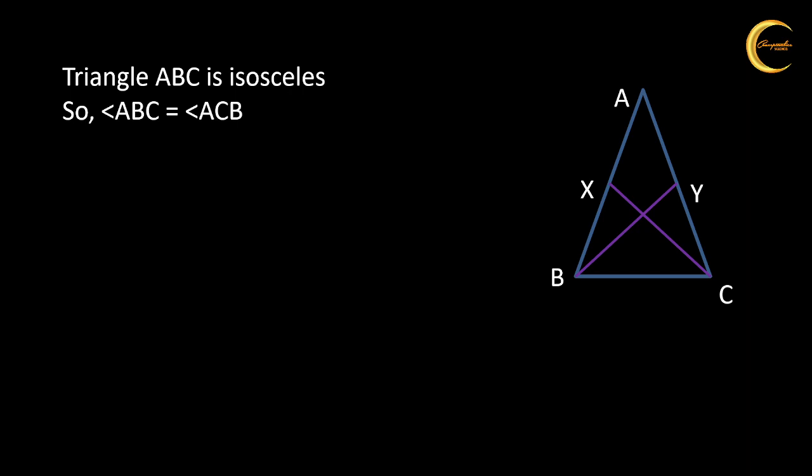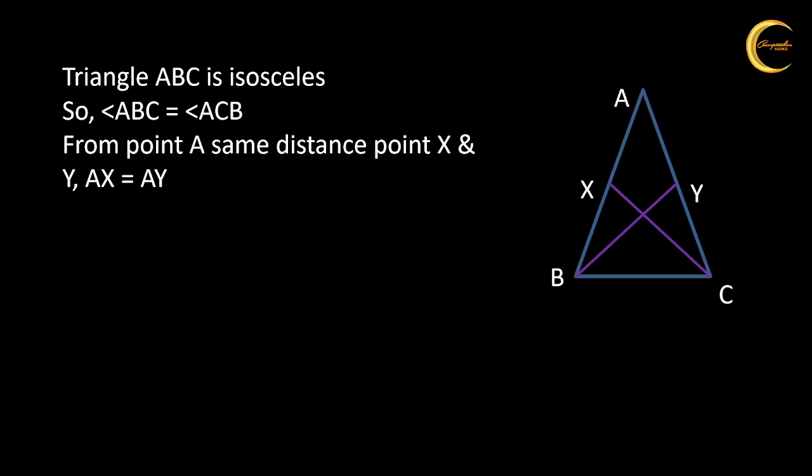So angle ABC equals angle ACB because it is an isosceles triangle. Again, we already know and have proved this: if it is an isosceles triangle, then this angle equals this angle. We have proved that.